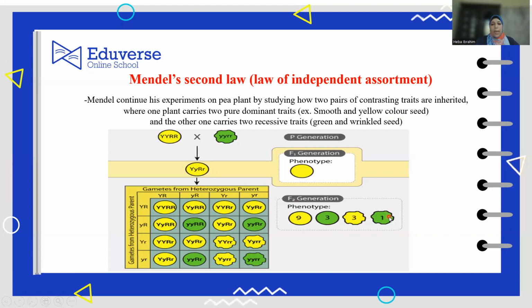One individual carries green and wrinkled seed, meaning recessive traits, and 3 of these individuals are green but smooth, and 3 other individuals will be yellow but wrinkled, which proves that each trait is inherited independently without being affected by the other trait.